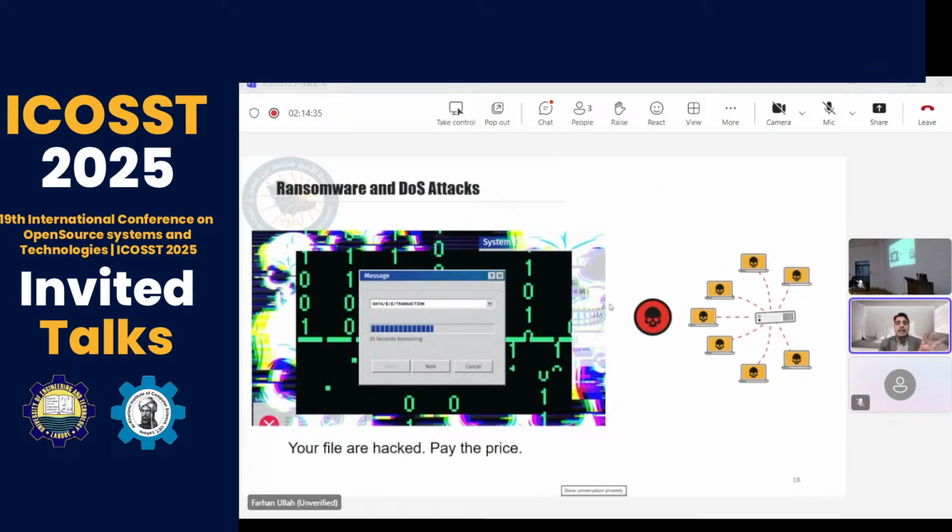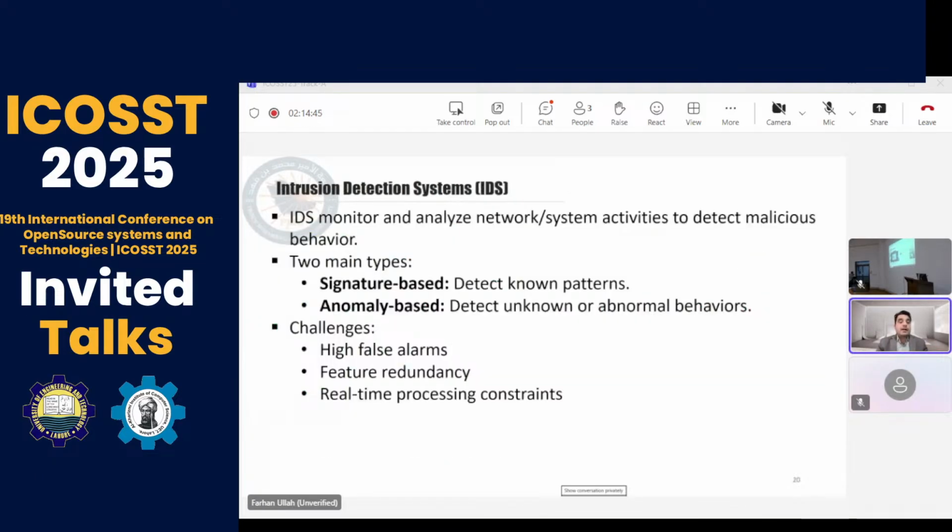Okay, now it's a very simple visualization. How many computers can compromise your system? For example, your server may not reply to genuine users. Okay, another one. In IDS, sometimes we have signature-based patterns, and sometimes we have unknown patterns. For the signature-based, we need to design some methods.